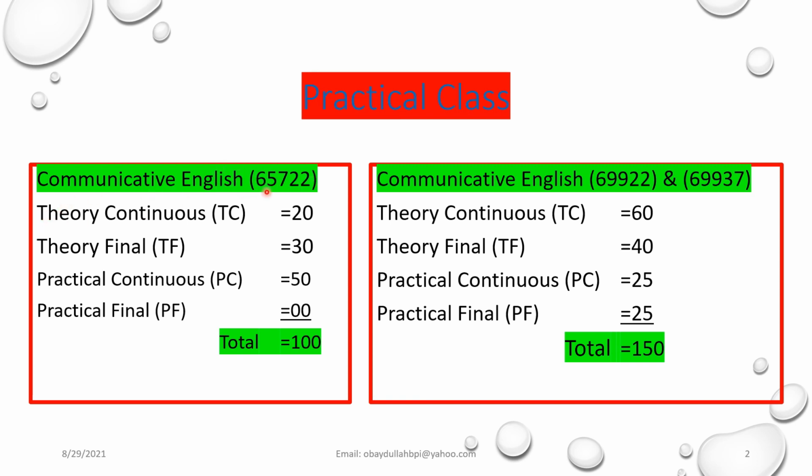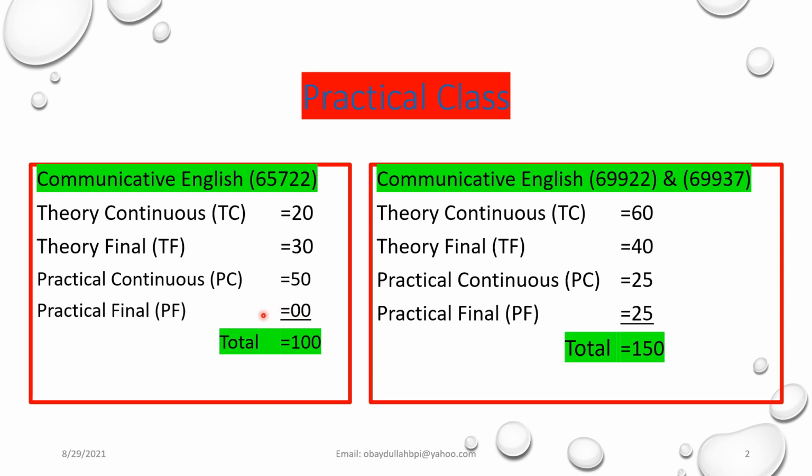This subject is designed for the students of the Diploma in Engineering course, and on the right side, Communicative English 1 and Communicative English 2 are designed for the students of Tourism and Hospitality. Look at the marks. Practical continuous, PC, is 50, and practical final is 00.